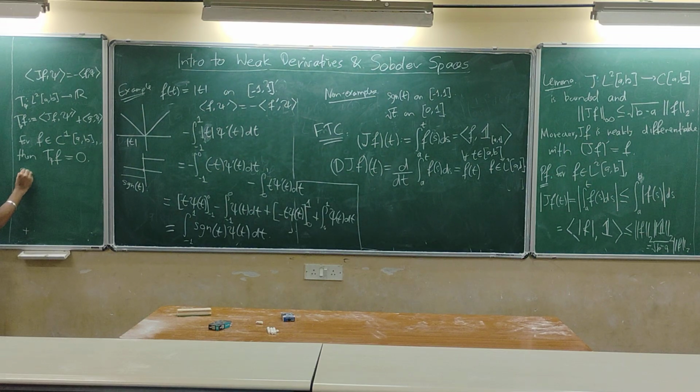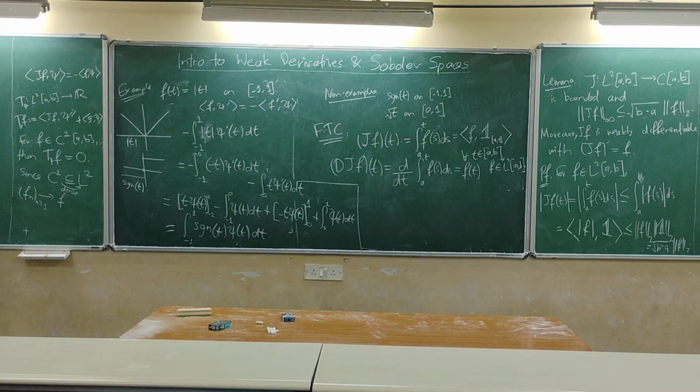And since C1 is dense in L squared, any L squared function, I can take a sequence of C1 functions that converges to my desired f.